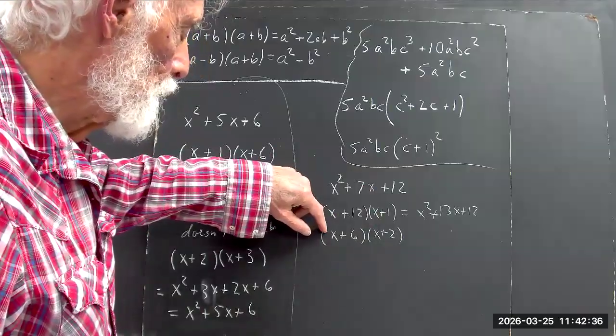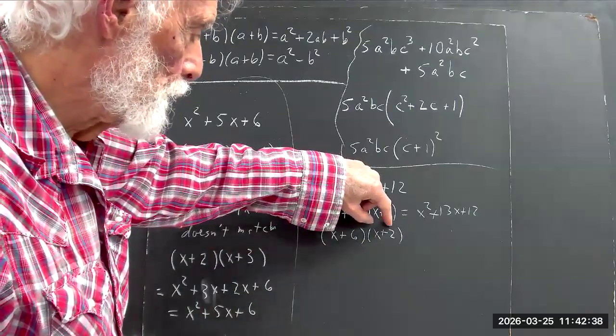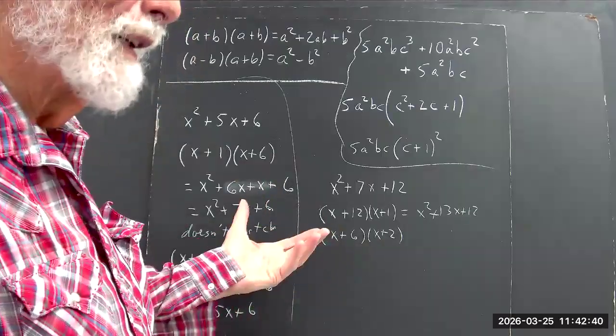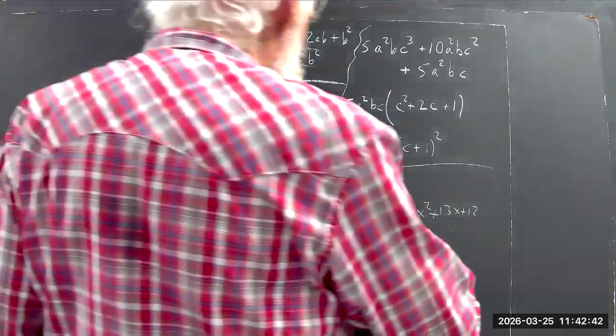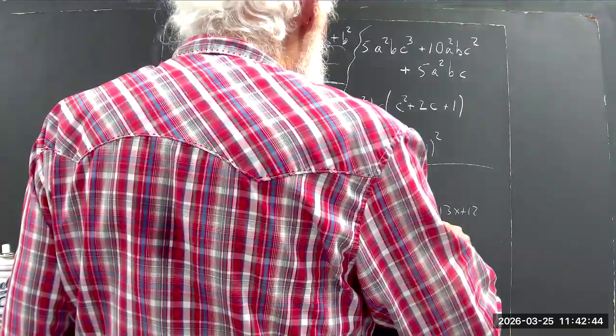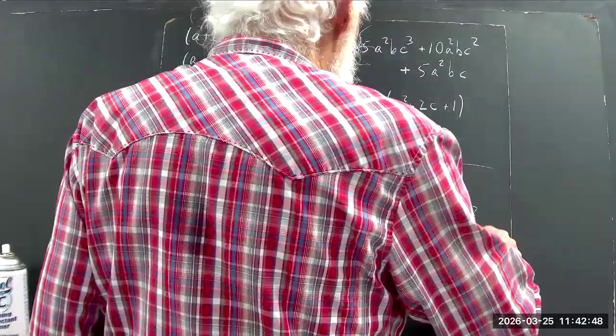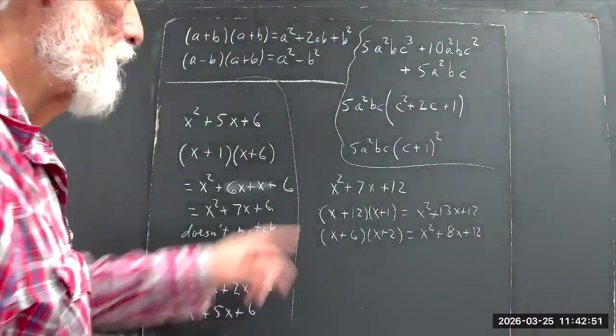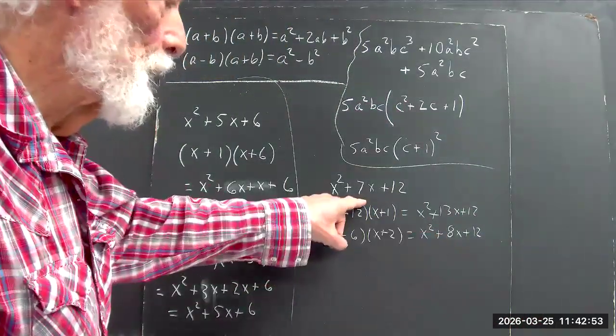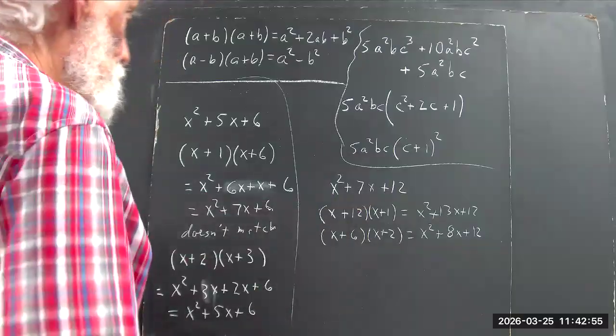And the x in the first binomial is multiplied by the 2 in the second, so we get 2x. That makes 8x. So we're getting closer. But it doesn't quite match. We got 8x where we need to have 7x.